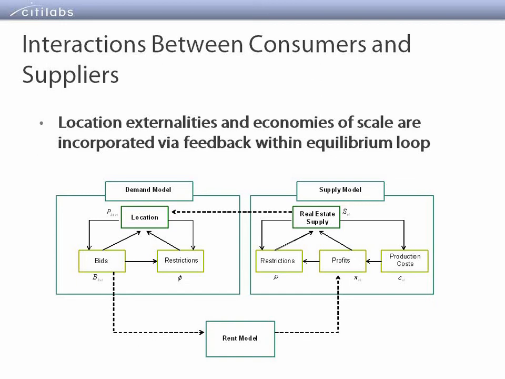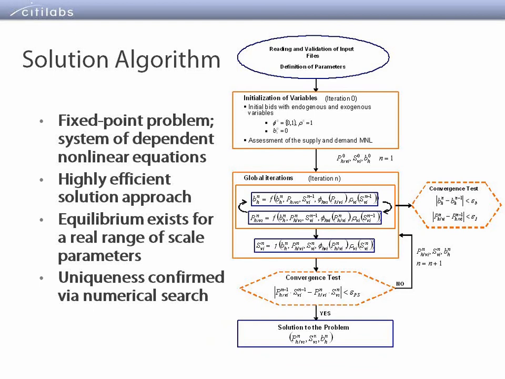The same thing for industries. Like I mentioned previously, certain industries want to be close to each other, other industries don't need to be close to each other or would rather not be close to each other. So this creates these complex economies of scale and location externalities that can be incorporated in CubeLand within this equilibrium loop. And overall, basically what CubeLand is computing is a solution to equilibrium in this entire location system.